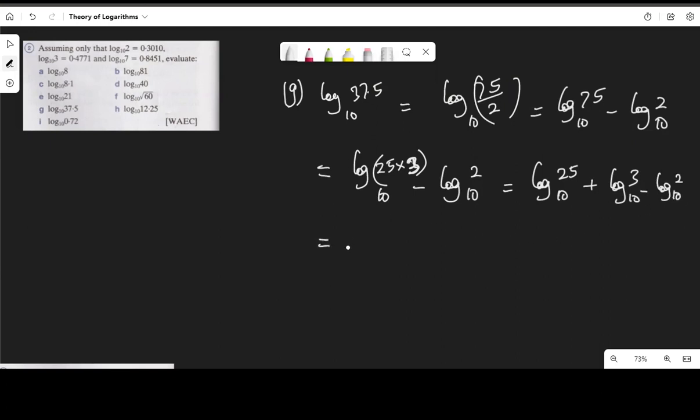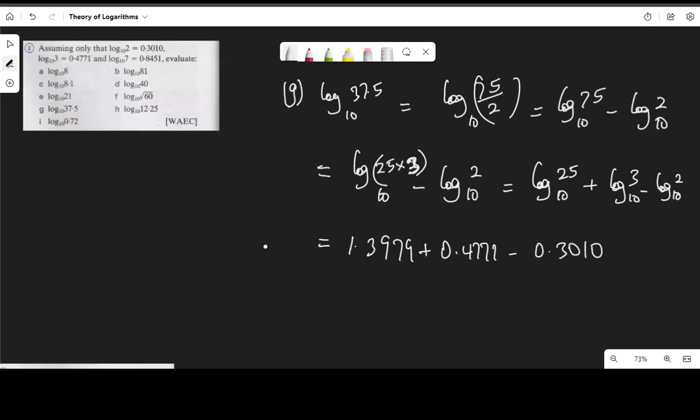So in this case, let us take the value of log 25. Log 25 is 1.3979. Then plus log 3 to base 10, which is 0.4771, minus log 2 to base 10, which is 0.3010.